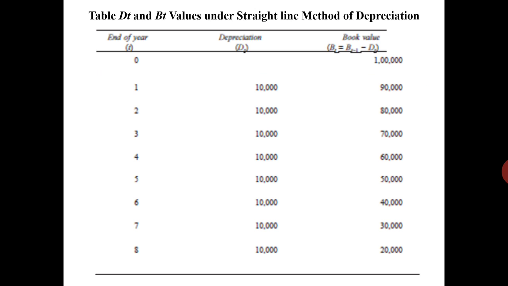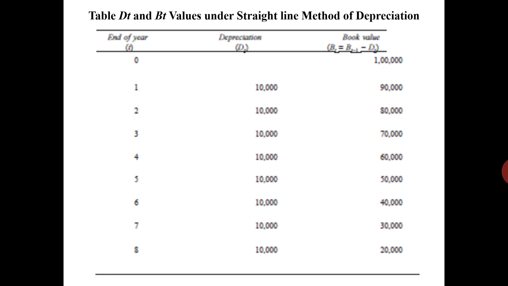The third column is the book value. In the 0th year, the initial cost of the equipment is 1 lakh. At the completion of the first year, the depreciation amount is 10,000 and the book value is 90,000. In the second year also the depreciation value is 10,000; that 10,000 is directly subtracted from the 90,000, so the second year book value is 80,000.